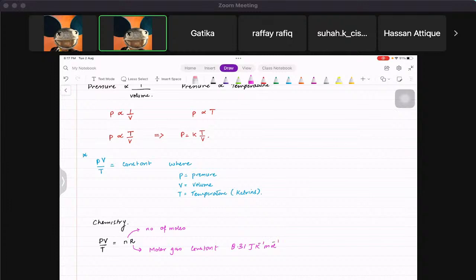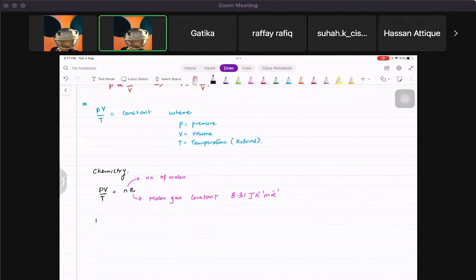Okay. The physics equation is PV upon T, which is equivalent to capital N and small k. Okay. So this N is the number of particles, and k is called the Boltzmann constant.